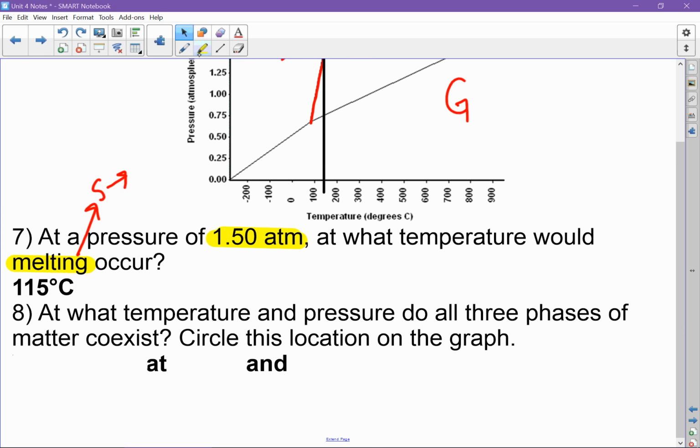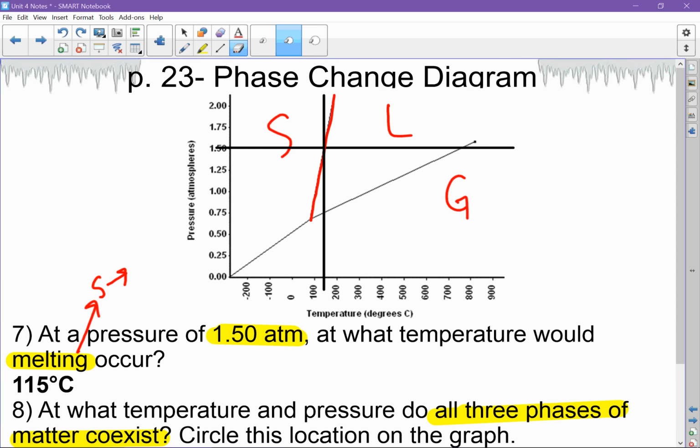So the next question is asking me at what temperature and pressure do all 3 phases of matter coexist? This is the definition of triple point. Okay, so we need to find the triple point on this graph. Remember, triple point is right in the middle where they all come together. So I need to figure out what are the number values for temperature and pressure there.